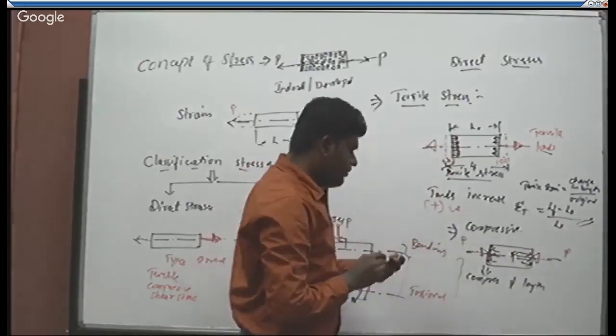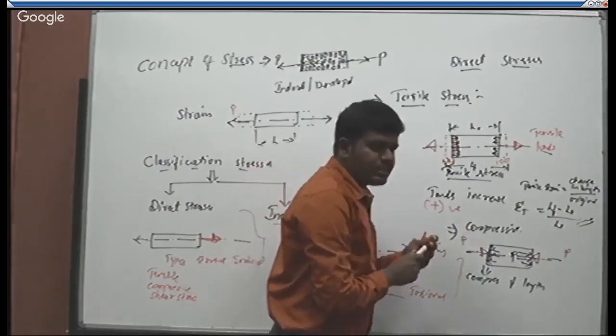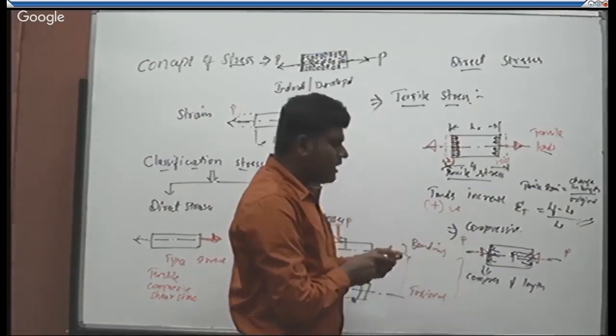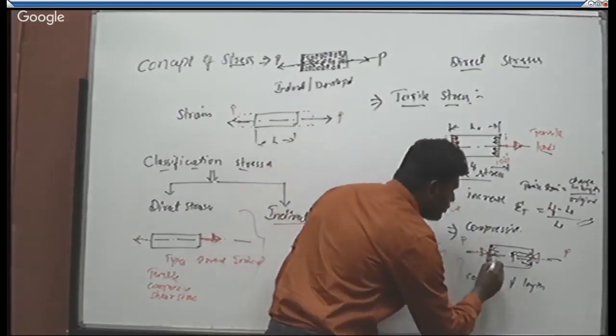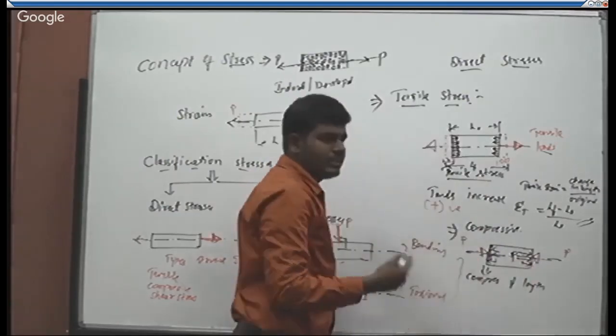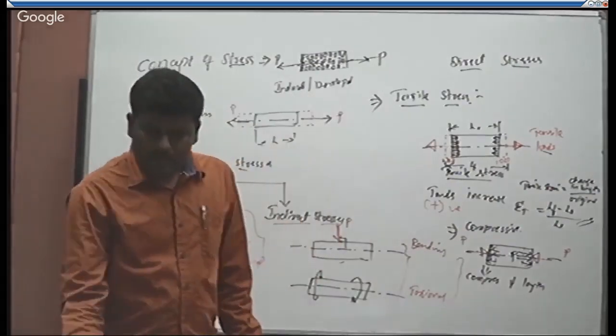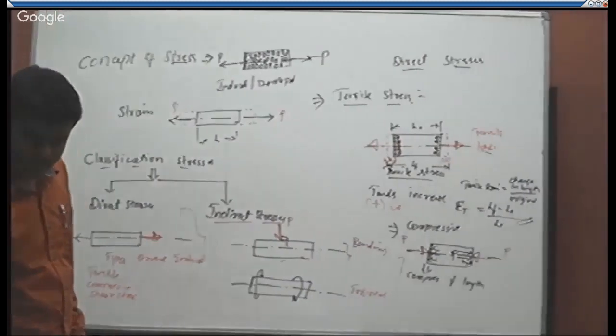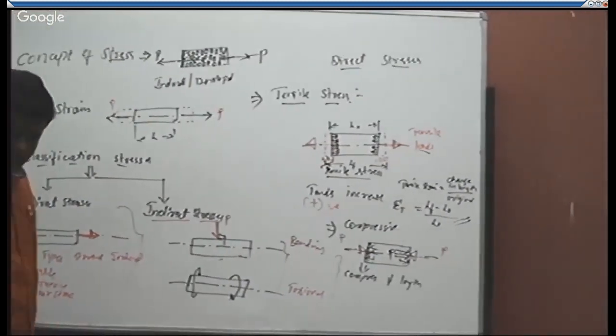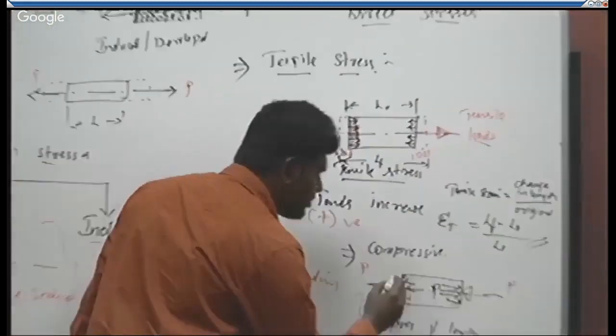In a similar way, when we take out the compressive strain, due to the action of these compressive loads, the body is going to shorten in length, or it gets squeezed, okay?